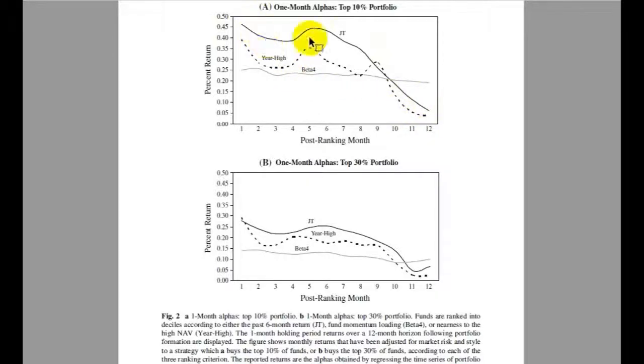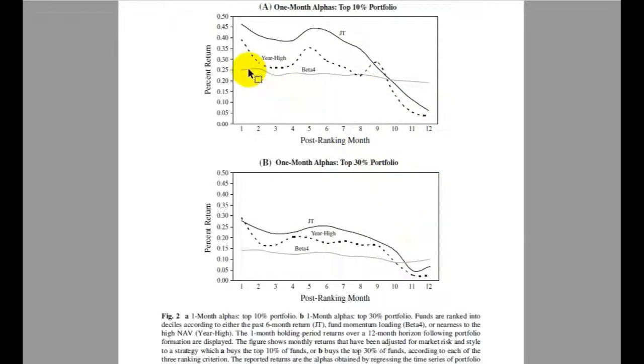So these are the alphas of the returns after controlling for the size, market, and value-growth factors. And similar to what we saw in the tables, here the Jagadish and Titman strategy and the 52-week high strategy dominate according to alphas, but start to dissipate by the end of the 12 months.